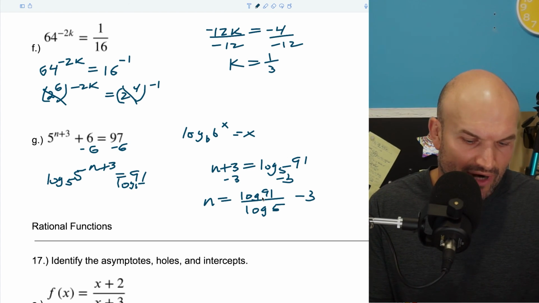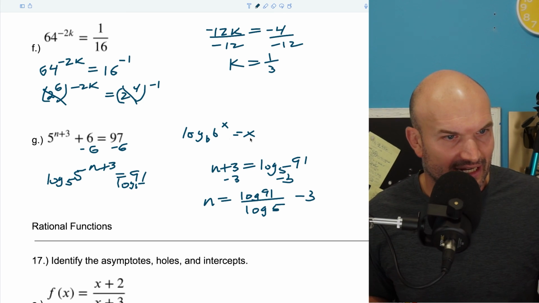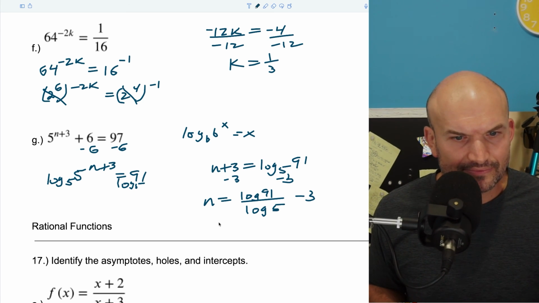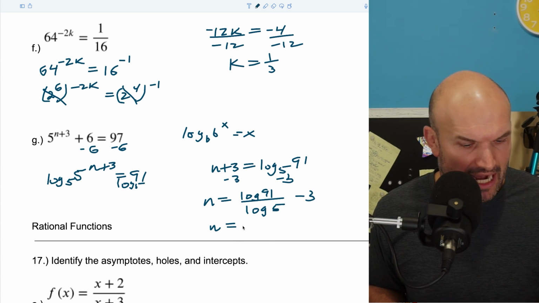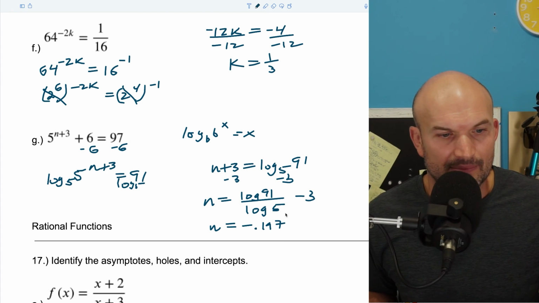I'm just going to go ahead and approximate this. Just make sure you are closing your parentheses when you're doing this. I'm going to plug this into my calculator and see what I get. Minus 3, and that's going to give me a negative value, which, yeah, that's going to make sense, or at least that would work. I'm getting approximately negative 0.197, and I'll just round to the nearest thousandth in this case.